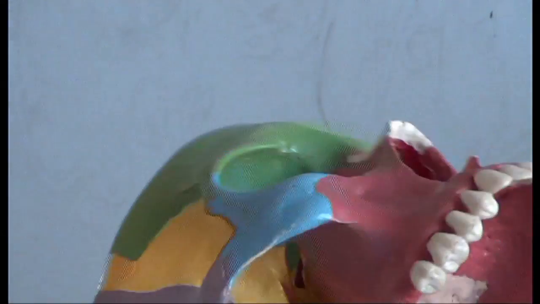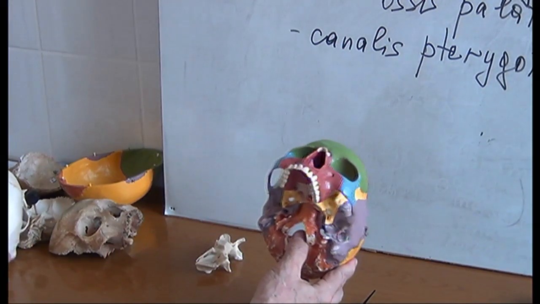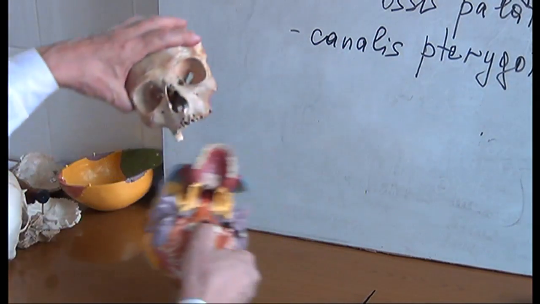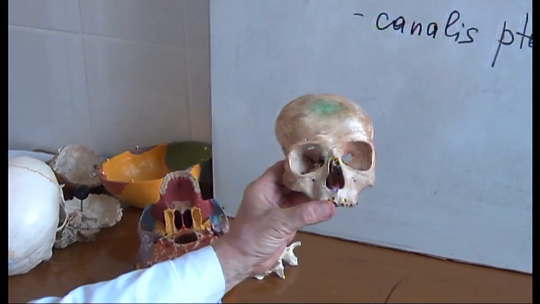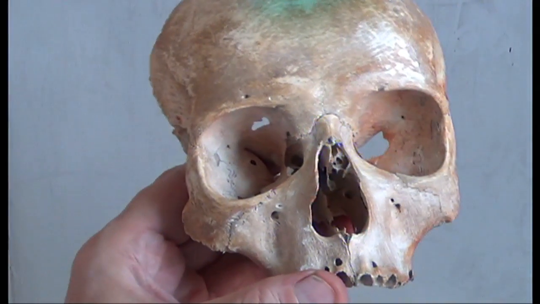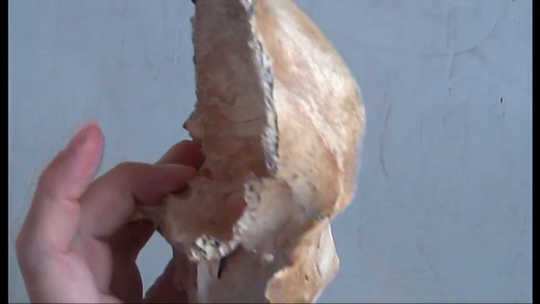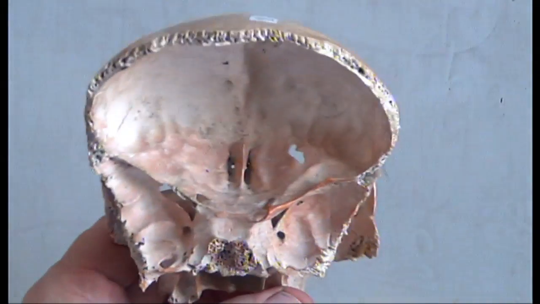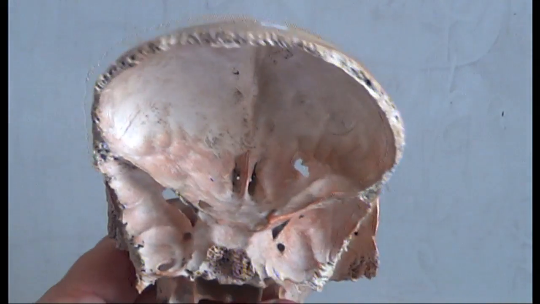Now we used this colorized skull, but it's more complicated to demonstrate it in such a specimen which was not colorized and where the borders between distinct bones are quite difficult to find.